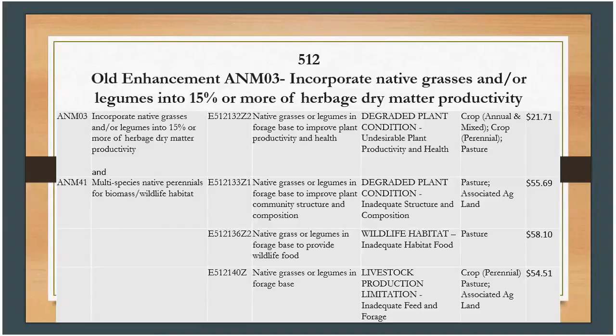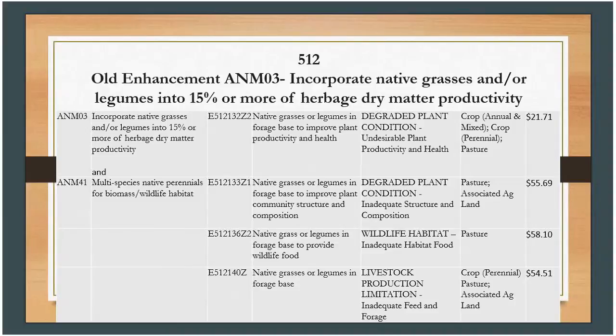As you'll notice right there in the title, it says native grasses or legumes.